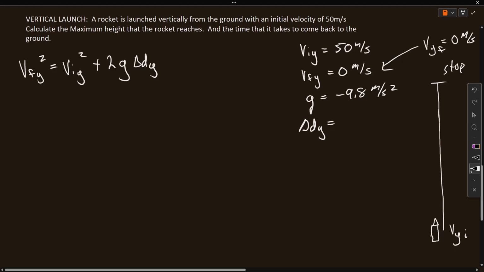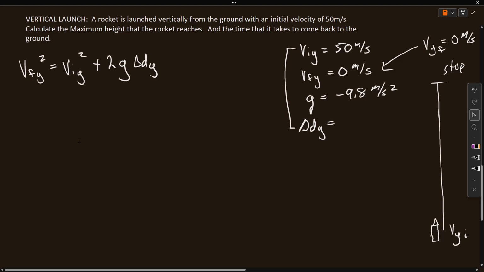Now, everything we have in these four situations, notice we're looking for delta dy, which is this part right here. And we have the g, we have the VFY, and we have the initial velocity y. So we've got all that stuff.